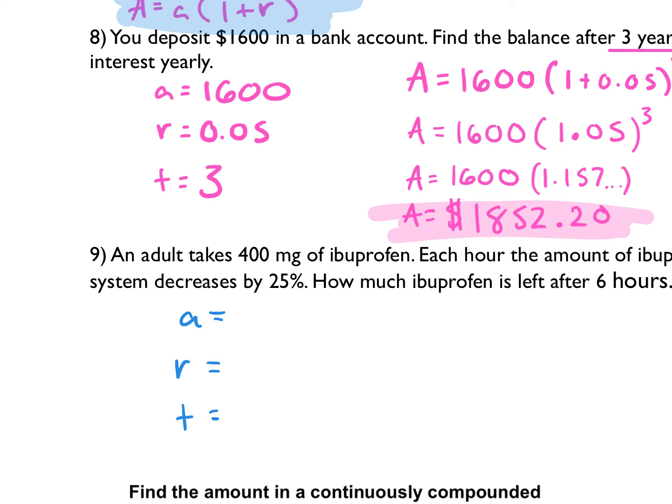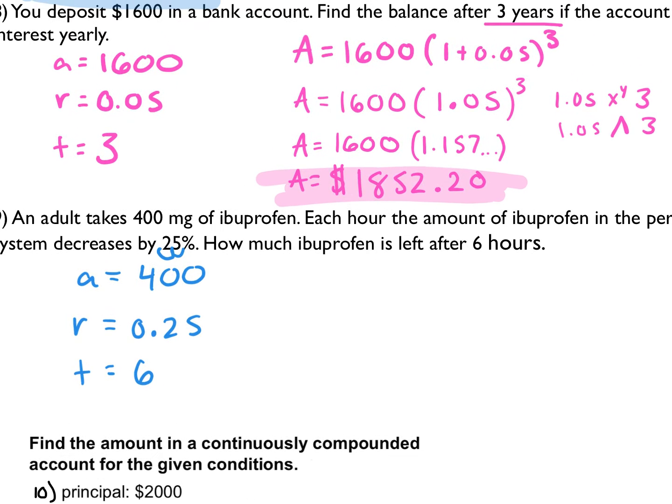What's our starting amount? 400. What's our rate? 0.25, because our percent is 25, so we move our decimal place twice. And then what's our time? 6, because we're dealing with hours here.